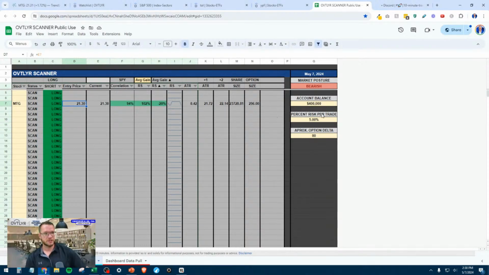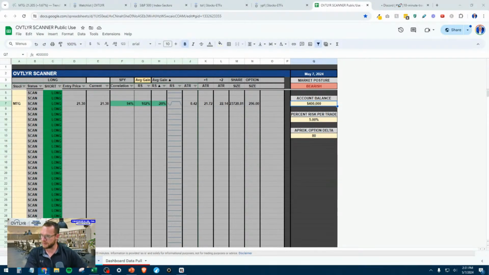So, of course, be sure to update your criteria over here. Not sure why it says market posture is bearish. We know the market posture is bullish right now, but either way, 296 will be the option size on 400,000, which is quite a lot, right? That's a big position. But if your account's like 5,000, it's not 296, it is 3. Okay. So that's what I'm saying: put on the right position size for your account.